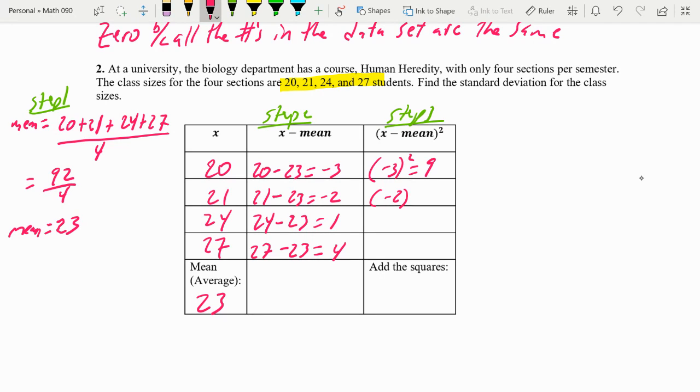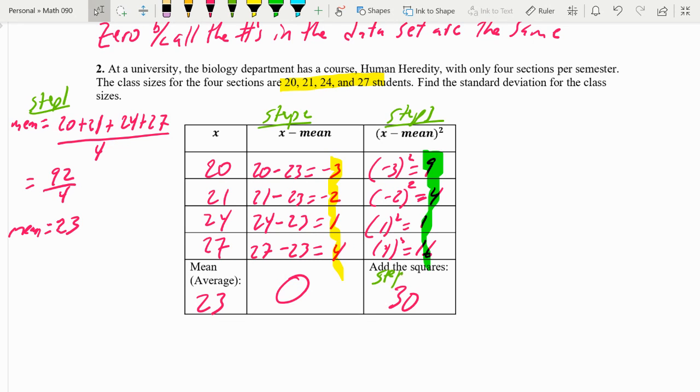Remember, parentheses. Don't screw that up. Then 1 squared, and then 4 squared. Again, all this stuff kind of cancels each other out, so we end up with a 0 there. Add up all of these columns, add up all those numbers, and we end up with 30. That was step 4.